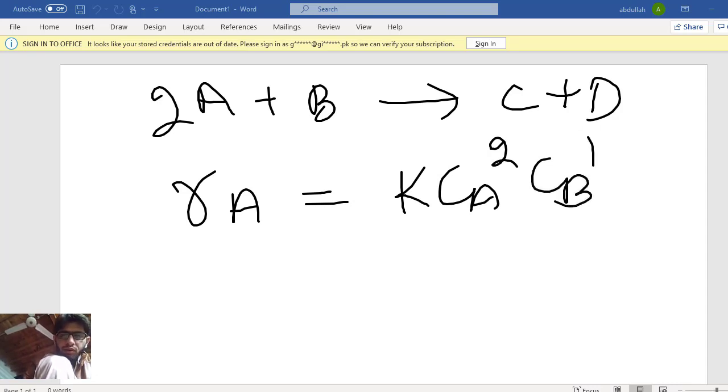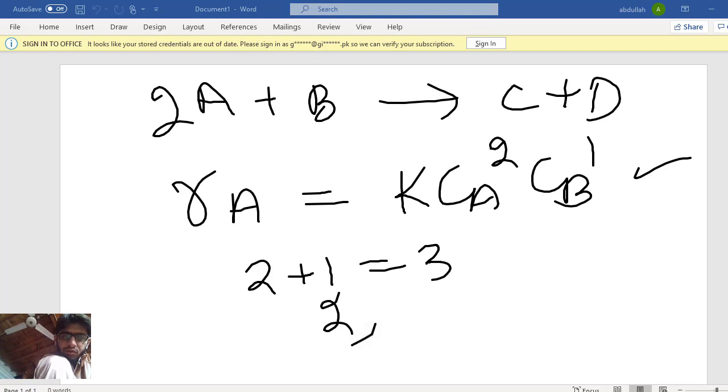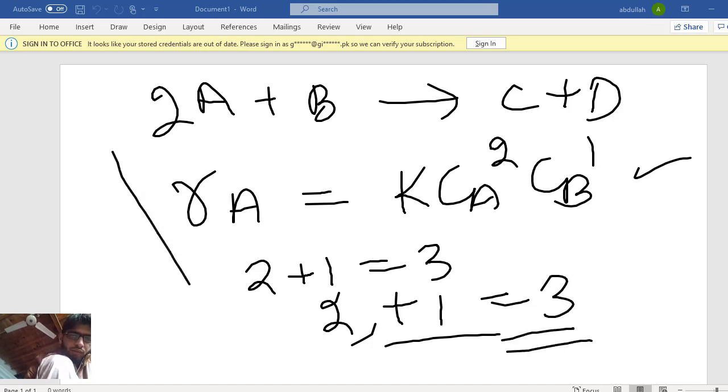Now what will be the overall order of this reaction? The overall order will be 2 plus 1, which is 3. Similarly, the order of reaction with respect to A will be 2, the order with respect to B will be 1, and the overall order will be 3. So these are all about the order, molecularity, rate constant and mechanism of reaction.